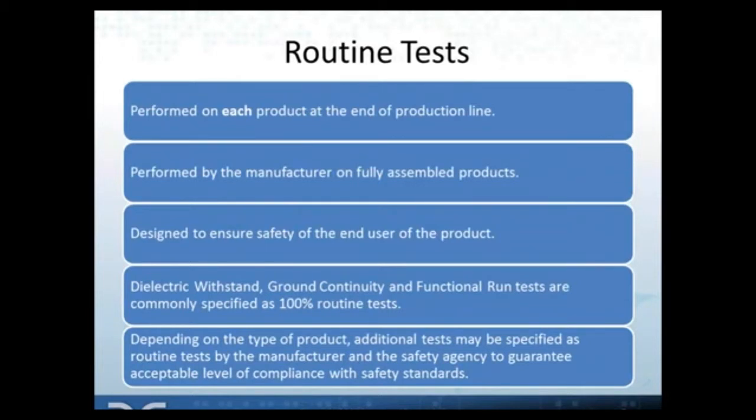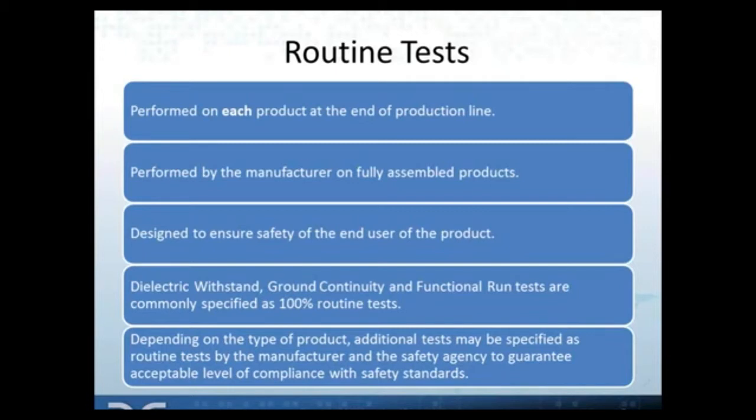Routine tests are performed on each product at the end of the production line. Basically, routine tests are usually required to be performed on 100% of the products leaving a facility for sale to the consumer. These are designed to ensure the safety of the end user of the product.